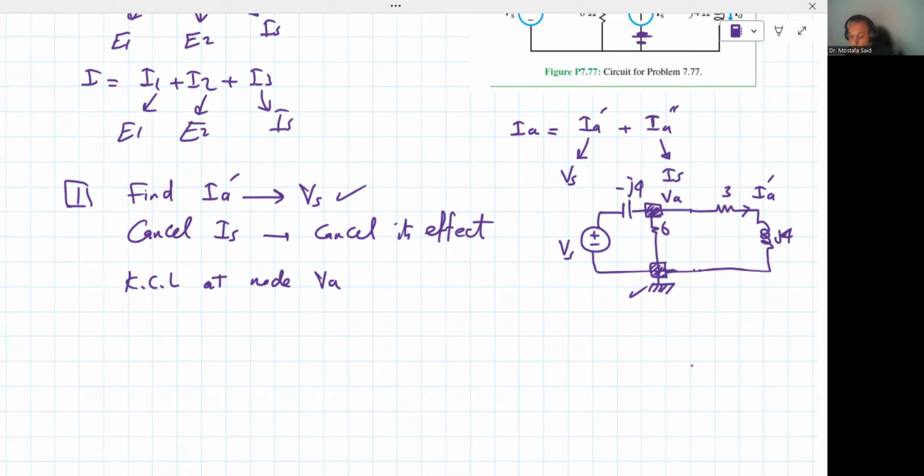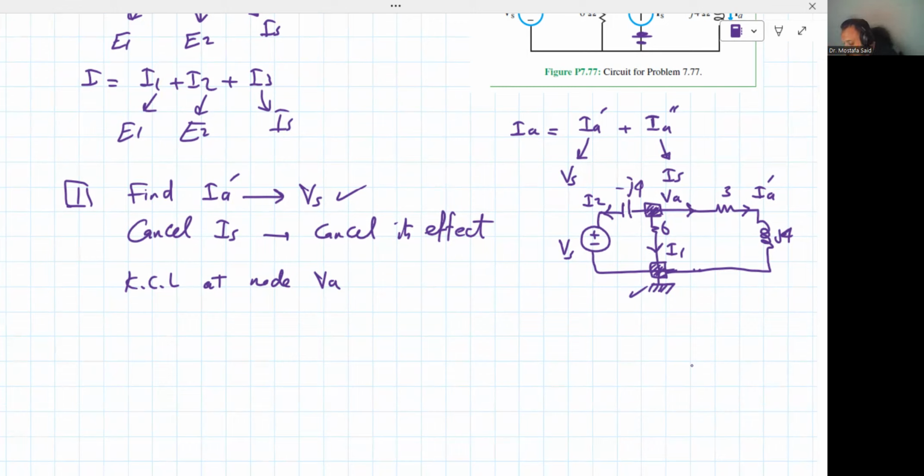So we should assume the currents. So we have a current like that, a current like that, and a current like that. Let's call it I1, for example. This is I2. So Kirchhoff current law says the summation of the currents going into the node equal to the summation of currents going out of the node.